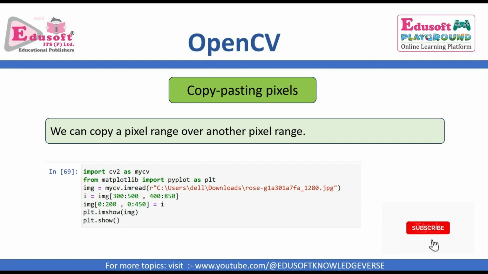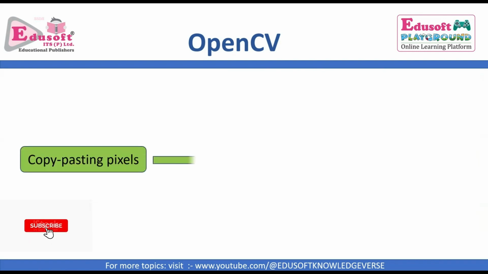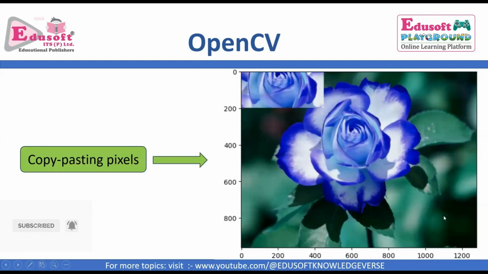After this, plt.imshow, with the image reference as argument, and then plt.show. We can see our output like this. This is the original image, and this is the image which we have copied just now. So in this way, you can copy your image and paste it at the desired location.